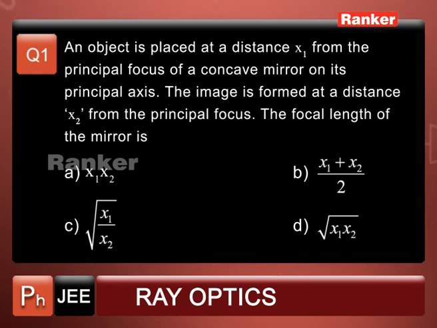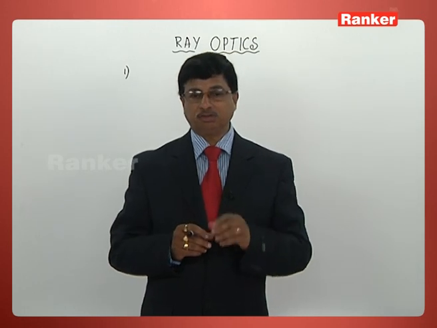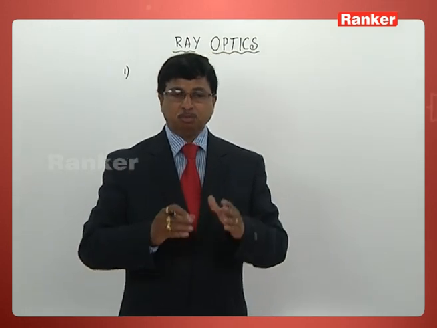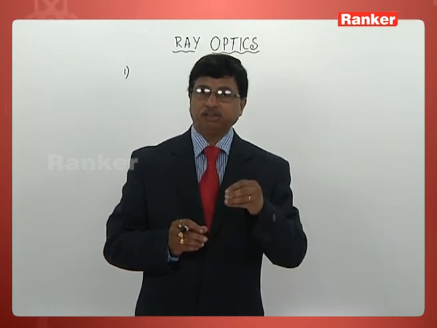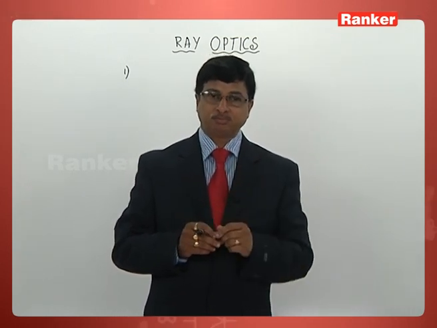The first option is x1 x2. The second option is (x1 plus x2) by 2, that's the average. The third option is root under x1 by x2. And the fourth option is the square root of x1 into x2, the product of x1 and x2 under root. But the moment you read this, you can easily get in your mind that it is Newton's formula.